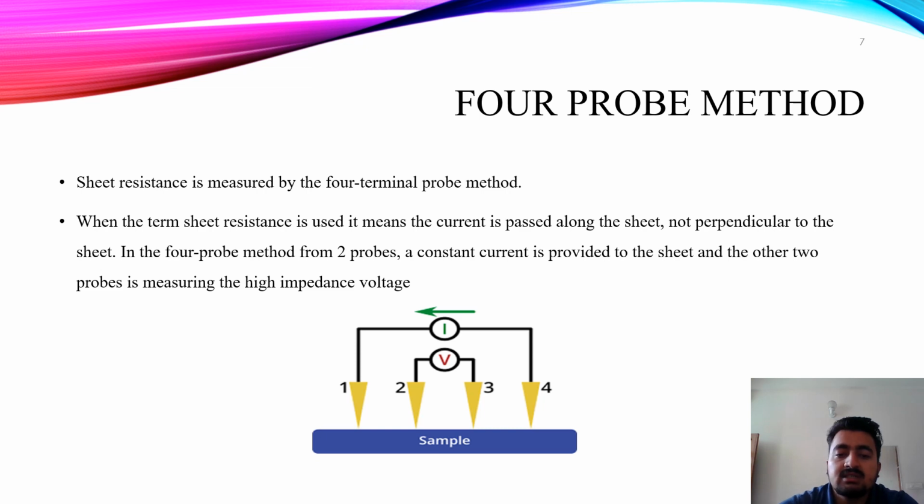In this technique, in the figure, this is the sample, which is a conducting nanomaterial. Across terminals 1 and 2, we apply a current along the sheet, and when we apply a current, terminals 2 and 3 give a high impedance output voltage. After the input current and output voltage, we can substitute them in the formula and get the resistance of these nanomaterials.